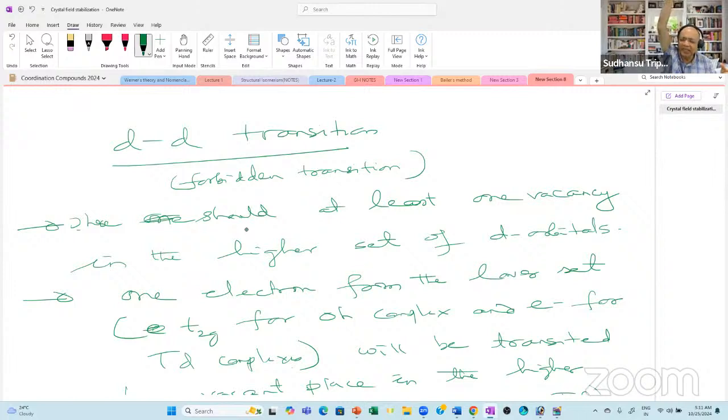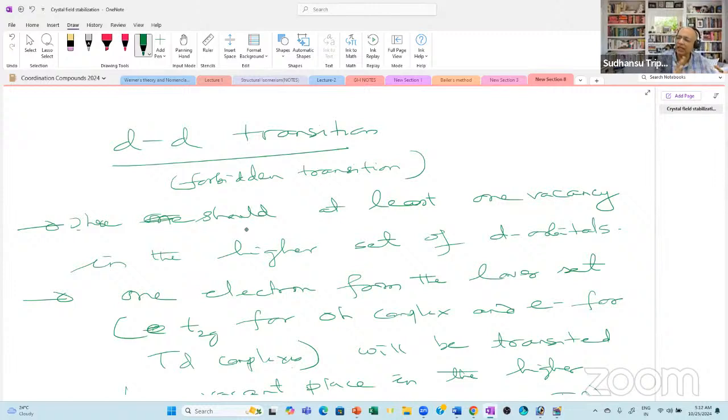You know, dd transition will be, although Laporte forbidden, there is a partial breakdown of this rule for which it is slightly allowed, but then it has to be spin allowed. If it is spin disallowed, then the intensity is still less.